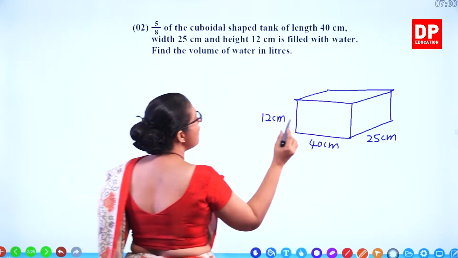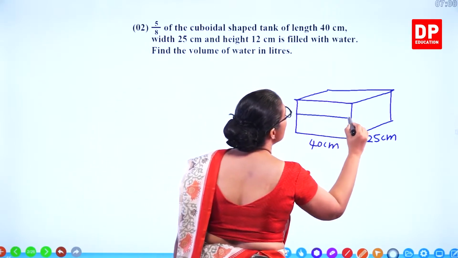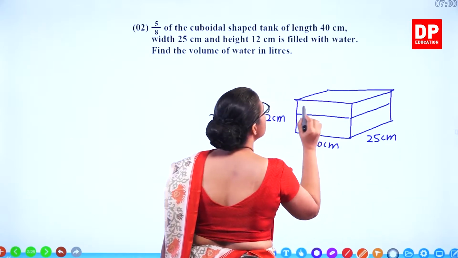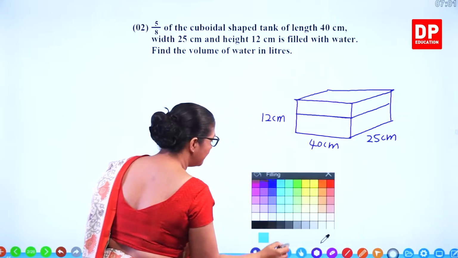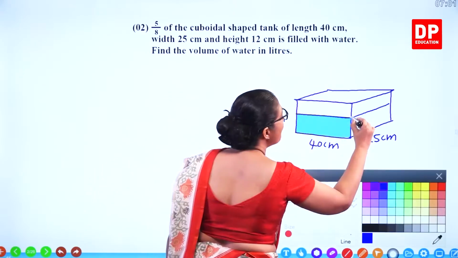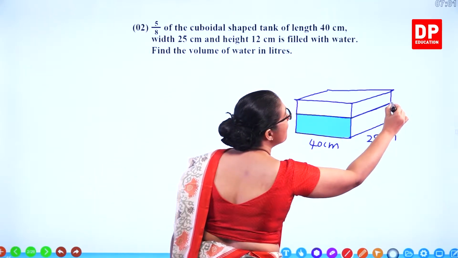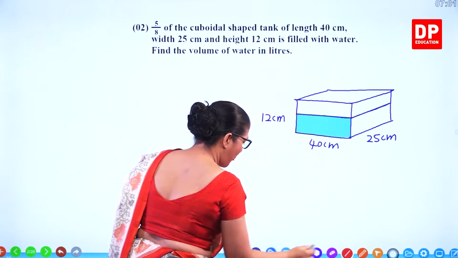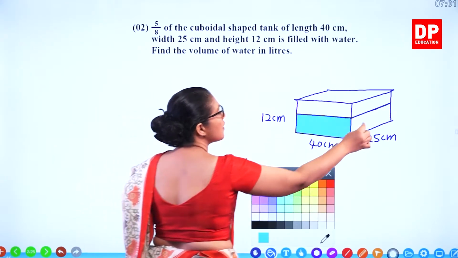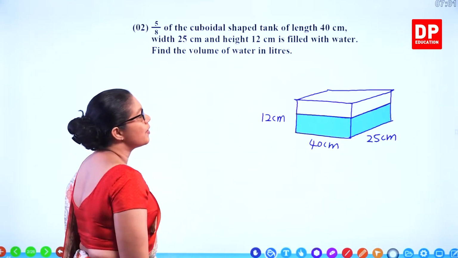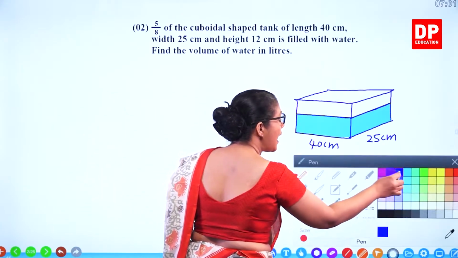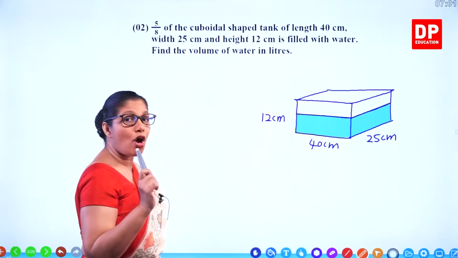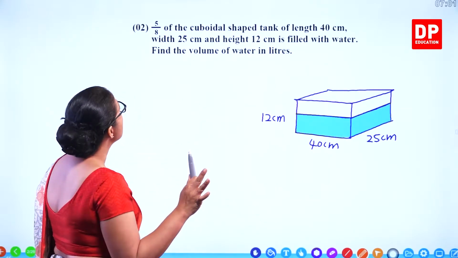But only a certain amount of water is filled. We'll color this. So you get this amount of water. That's 5/8 of the tank, not the full tank.